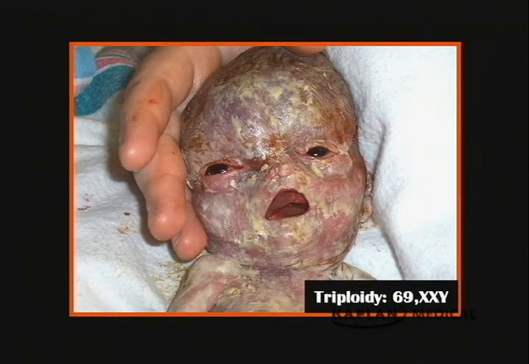Interestingly, when this child was born, you know what the parents' comment was? Isn't she beautiful? Do you think this is a beautiful fetus? What the parents see and what we see are quite different.